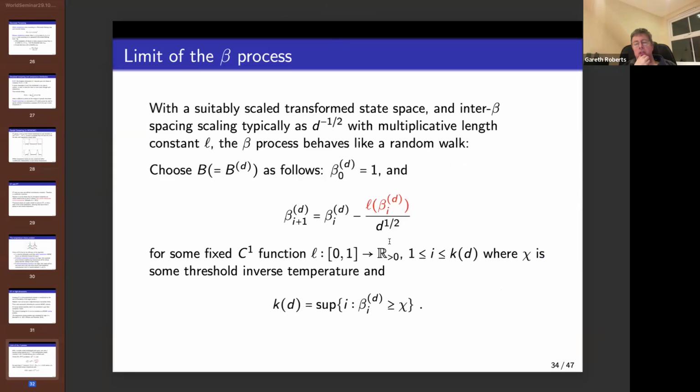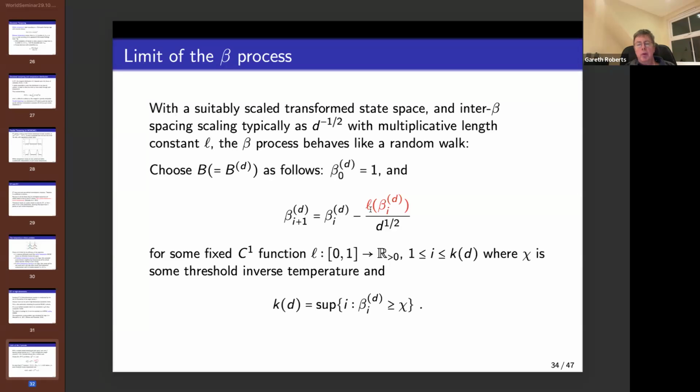This is mathematically how we set up B. I say I have a function L, and this function L allows me to construct a sequence of inverse temperatures, the betas, in the following way. Given that I've got the ith inverse temperature, beta I, I choose the next one by subtracting L of beta I divided by d to the half.